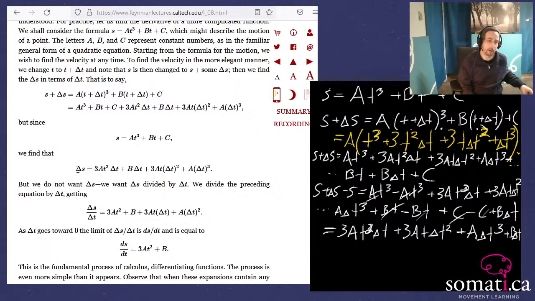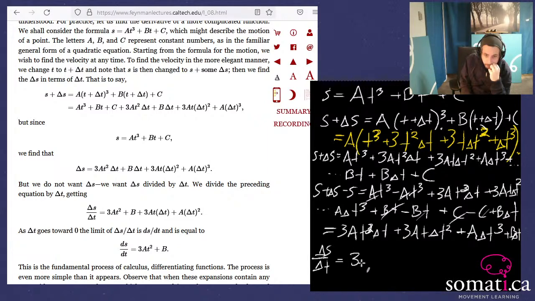I get this, but we do not want delta S. We want delta S divided by delta T. Then delta S over delta T is equal to all that divided by delta T. So I'm just going to cancel them as I see them.